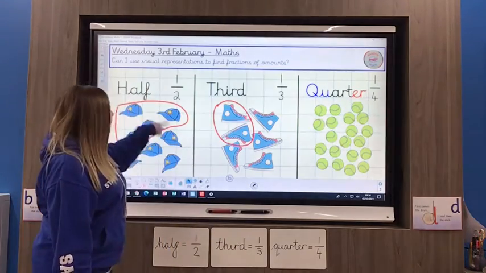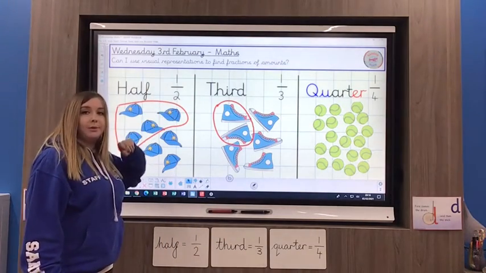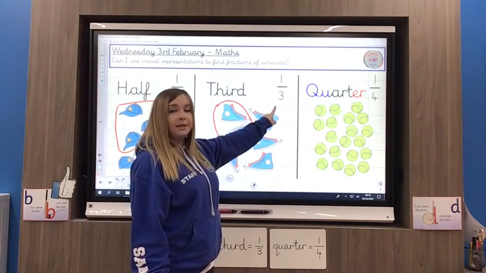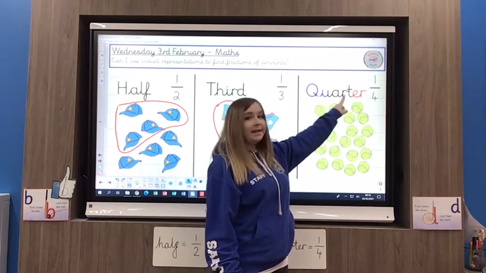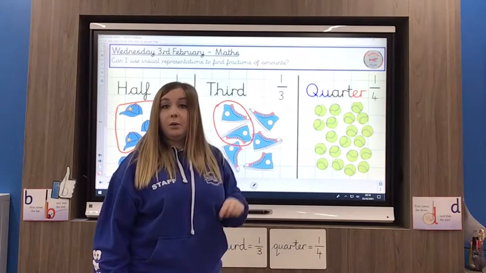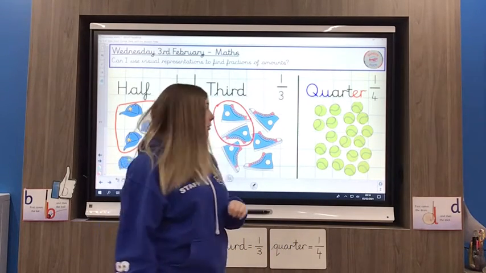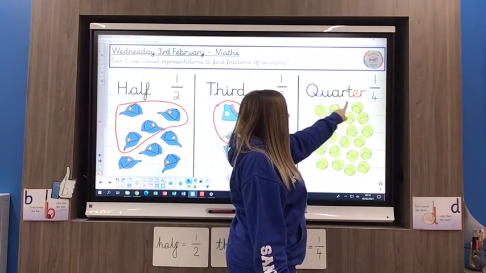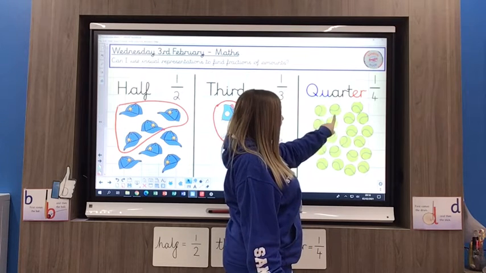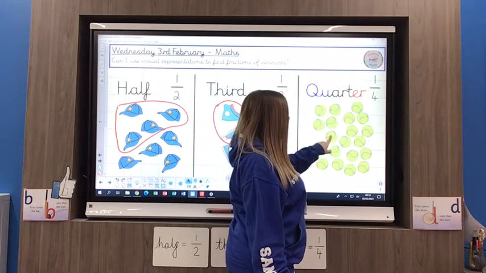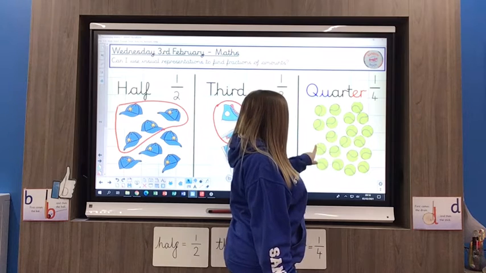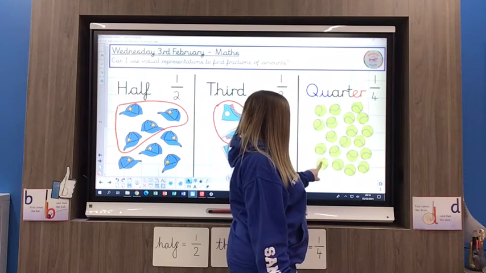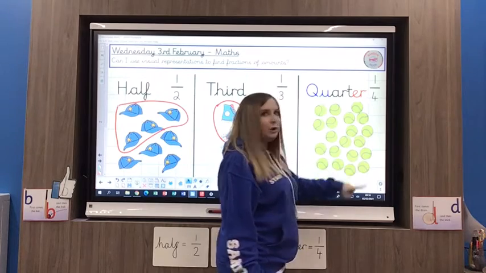Okay, so if to find a half we used our 2 times tables, if to find 1/3 we used our 3 times tables, what times table are we going to use if we are finding a quarter? We're going to use our 4's. Brilliant. So let's start by counting our tennis balls. 1, 2, 3, 4, 5, 6, 7, 8, 9, 10, 11, 12, 13, 14, 15, 16, 17, 18, 19, 20.